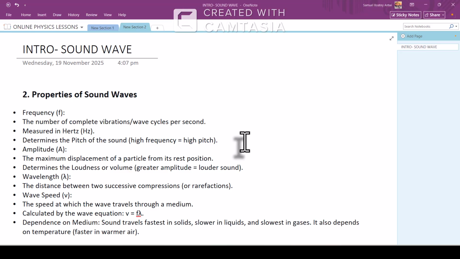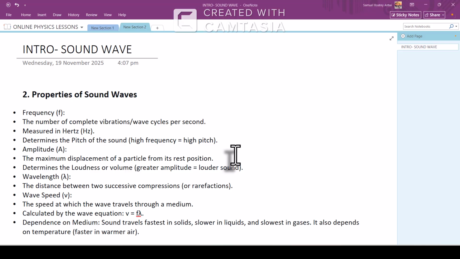So we defined frequency as the number of oscillations performed by a particle per second, all right, and it is measured in hertz. Sound wave also being a wave has got frequency, and it is, as a matter of fact, a considering factor if you want to look at the pitch of a sound.